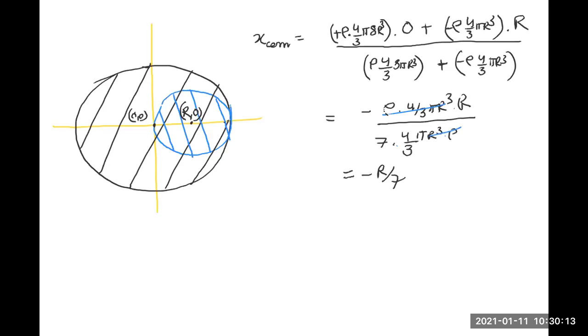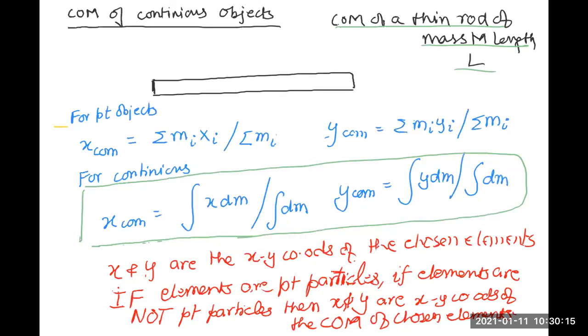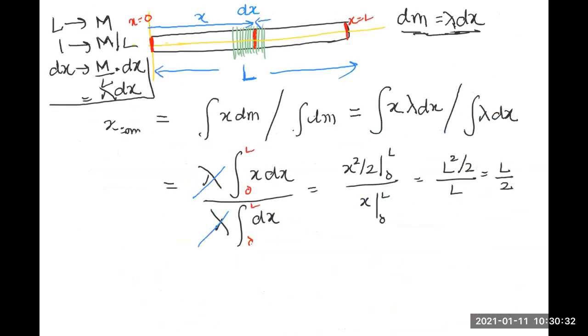Slide number 4, how to find the center of mass of continuous objects. The thing which is written in red is very, very important, as we'll see in the next class. Slide number 5, we found the x-coordinate of center of mass of a thin rod of mass M and length l. This was just to show you the mathematical technique.